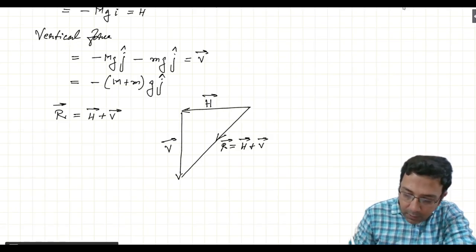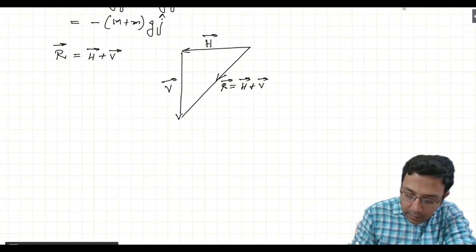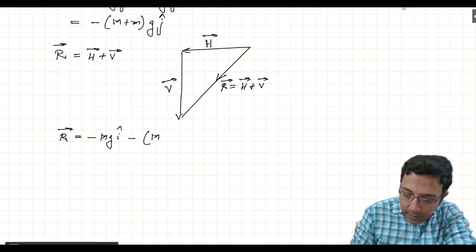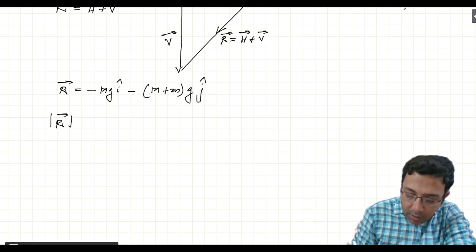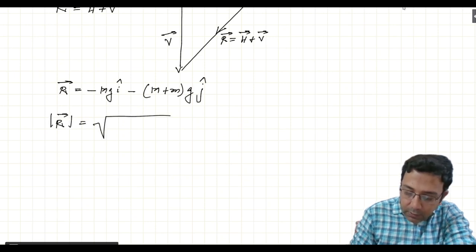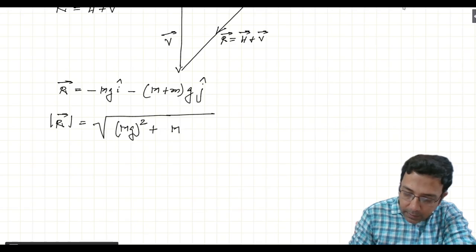We have already got all the values. So R is minus mg i minus (m plus M) g j. What will be the resultant? The mod value is the square root of (mg) square plus (m plus M) g whole square.